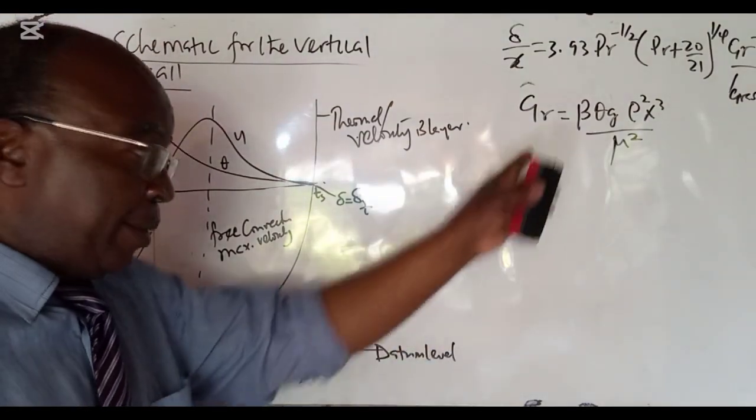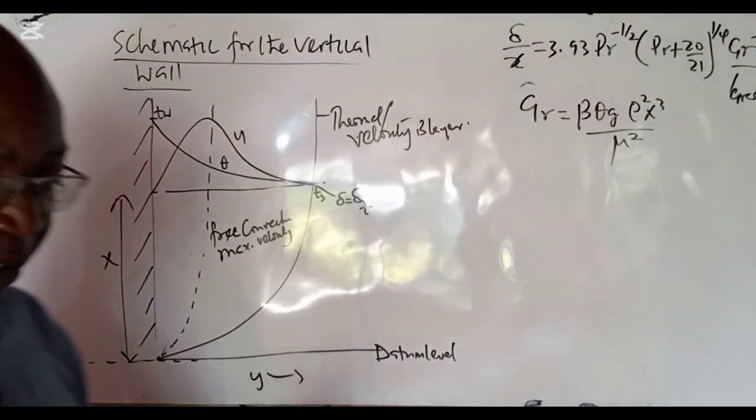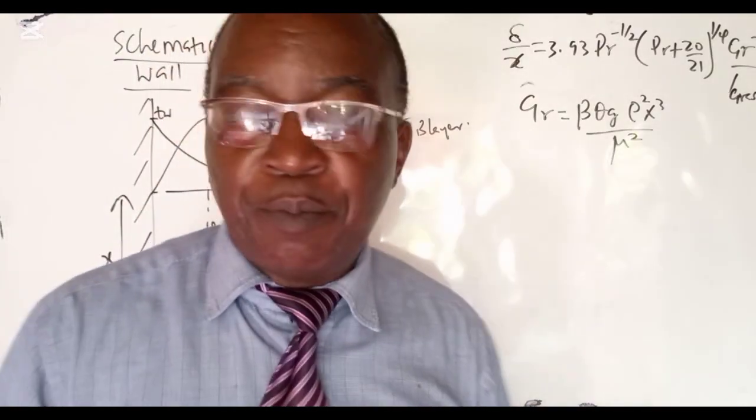That was the Grashof number. So we have just reminded ourselves where we came from so that we're able to move progressively.